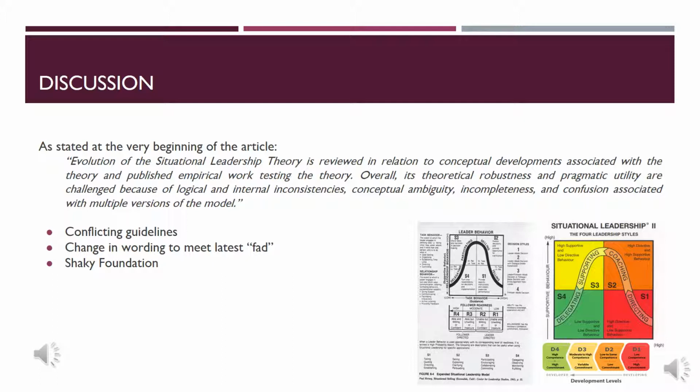There are conflicting guidelines. The fact of the changing of the words or the key concepts to meet the latest trends just capitalizes on the shaky foundation on which it seems the theory was constructed.